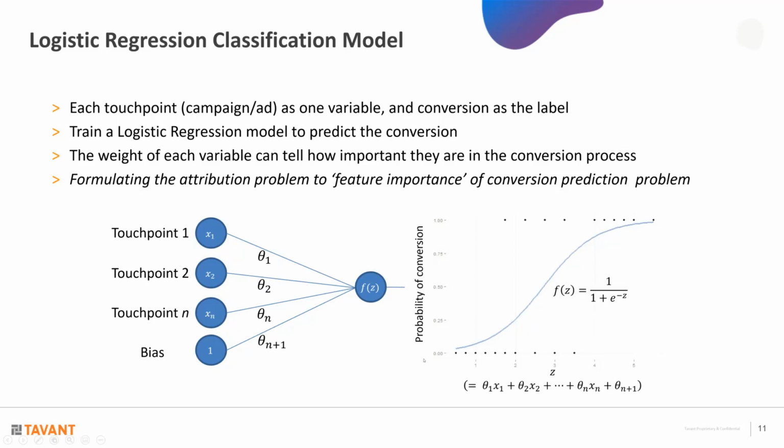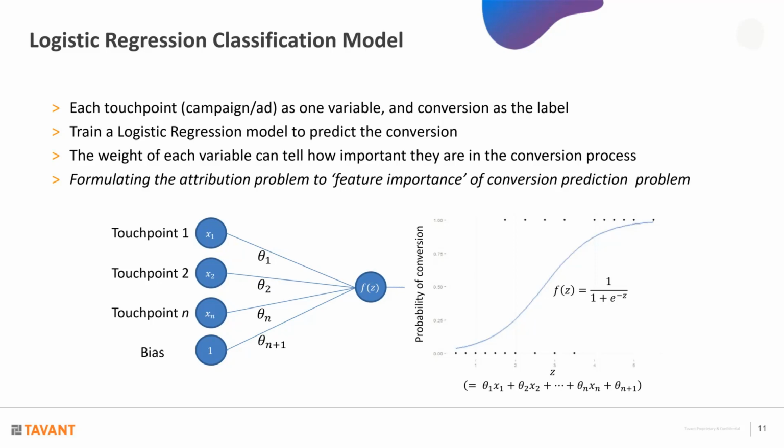Now, all of us have heard of many more sophisticated techniques than logistic regression for doing classification, like deep learning. The only issue with those techniques is that the interpretation of the weights there is not so straightforward with respect to attribution. Those models are generally opaque, and it's difficult to interpret the meaning of the weights that you come up with with respect to the importance of each of the touch points.